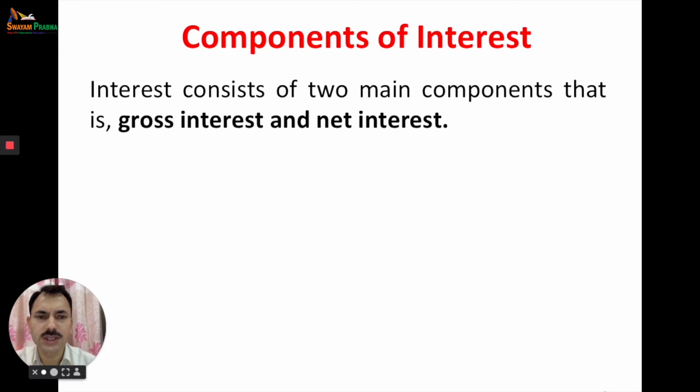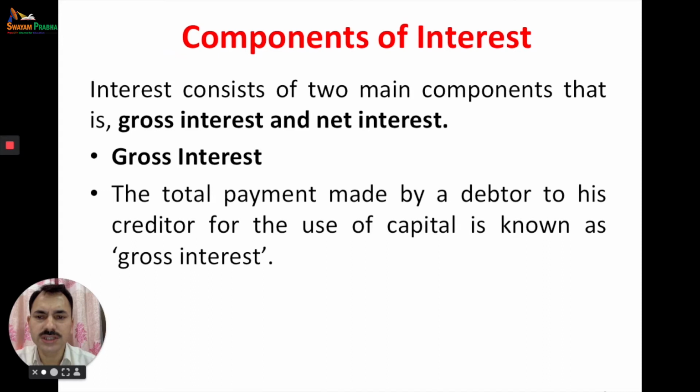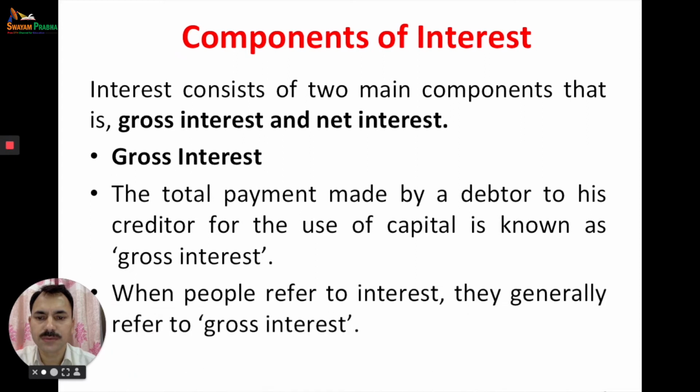Interest consists of two main components: gross interest and net interest. Gross interest, basically the total payment made by the debtor to his creditor for the use of capital, is known as gross interest. When people refer to interest, they generally refer to the gross interest.